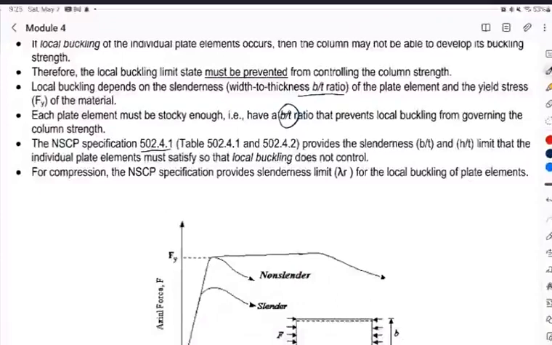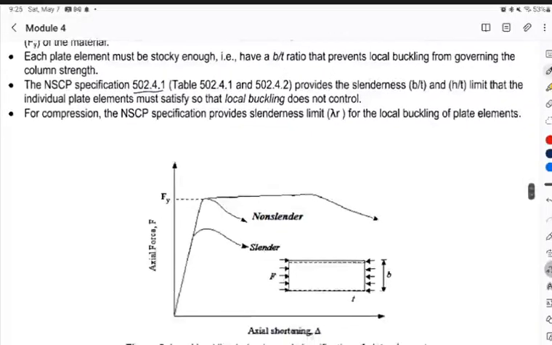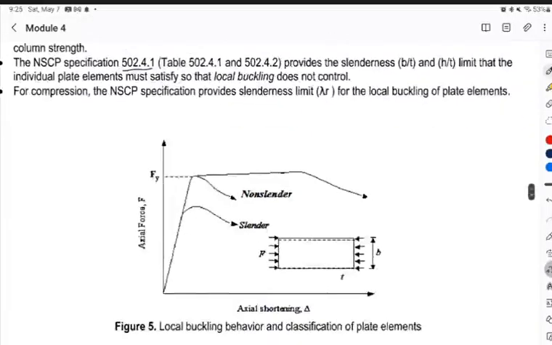Now, the NSCP specification, nabasa natin yung kanina, provides the B over T and H over T limit that the individual plate elements must satisfy so that local buckling does not control. For compression, the NSCP specification provides the slenderness limit lambda r.